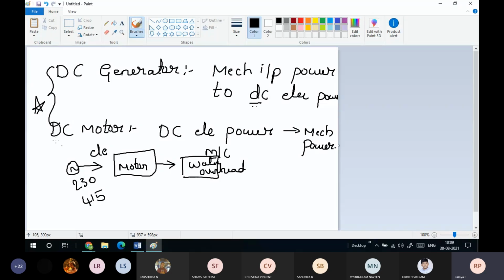Similarly, if you go for a generator, what is a generator? You will be using generators in your buildings also. For moving the lift or the excavator which you are using in your buildings, the electrical energy from the supply is not completely sufficient. What we will do is take diesel and give it to a prime mover, where the prime mover moves, giving mechanical energy, which in turn is connected to electrical energy.